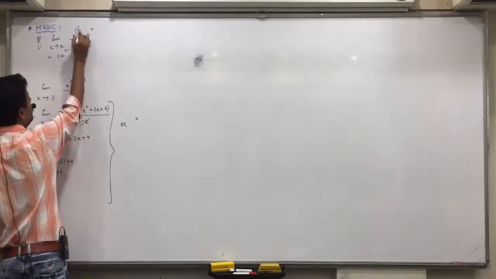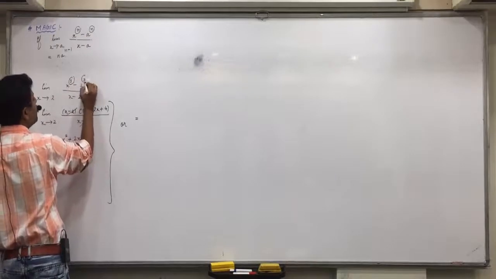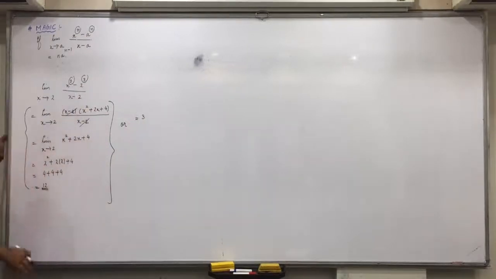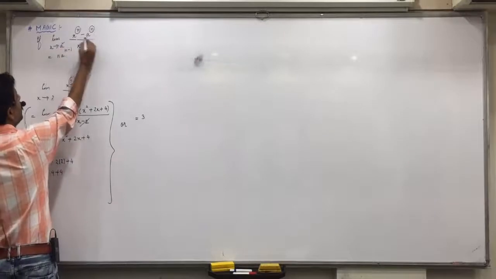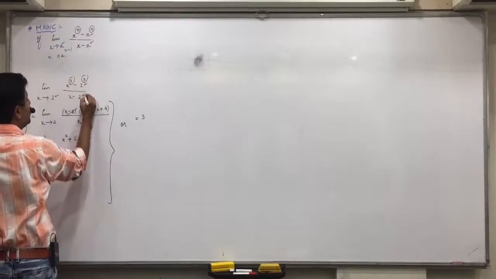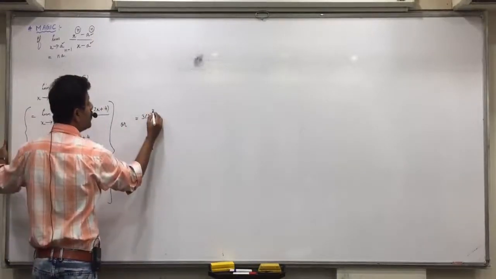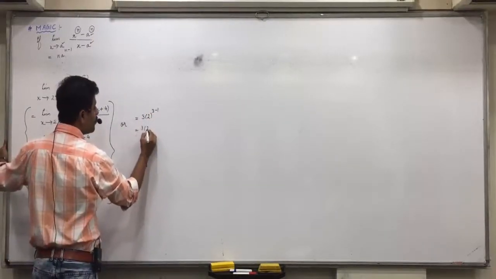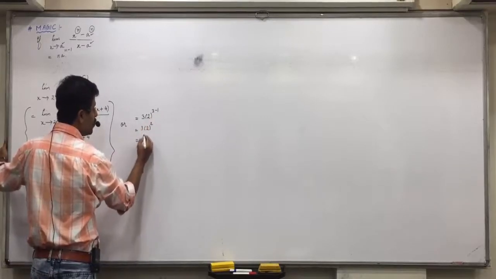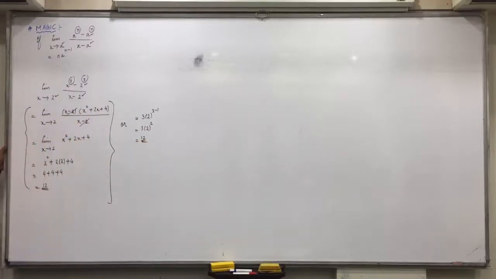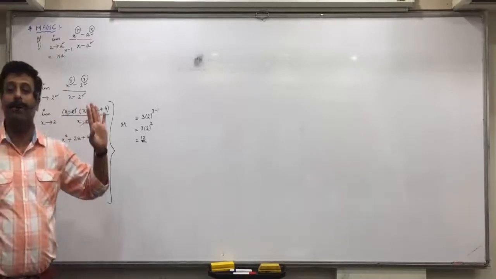So can I say here n is 3? Any doubts? a is 2, raised to n minus 1, which is 3 minus 1. What is 3 minus 1? 2. What is 2 square? 4, into 3? 12.